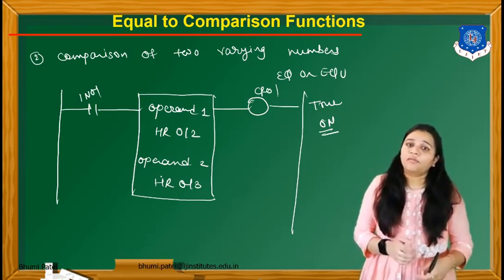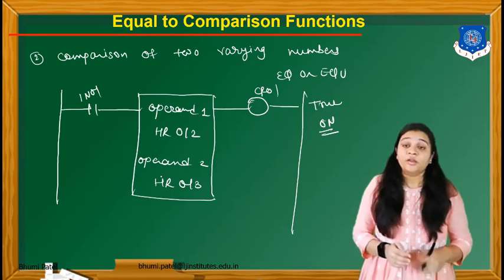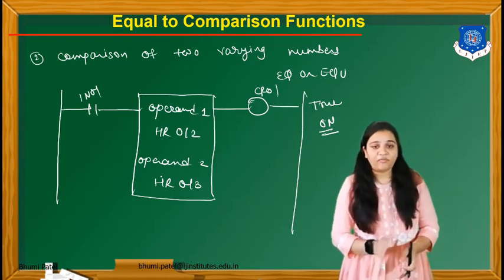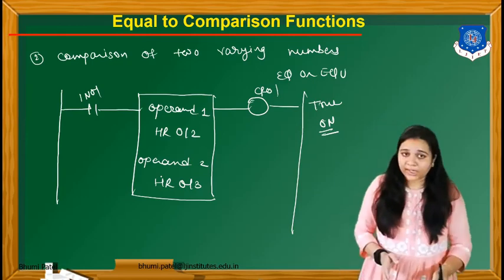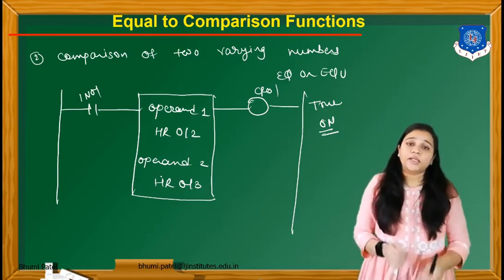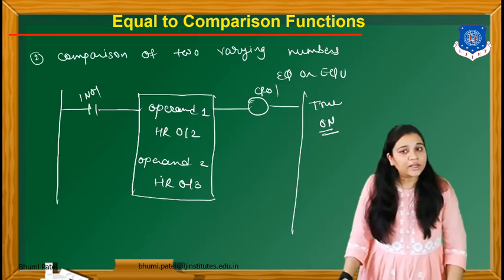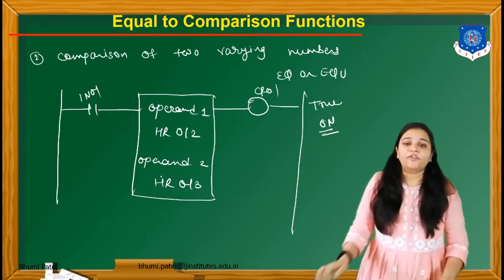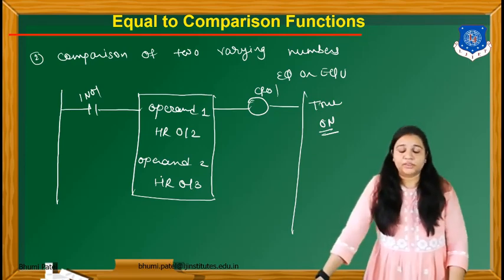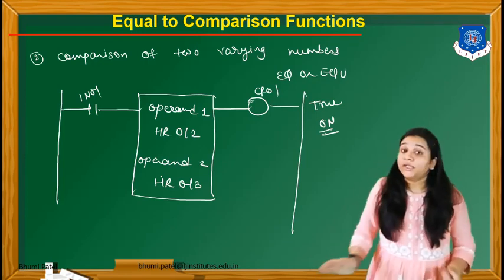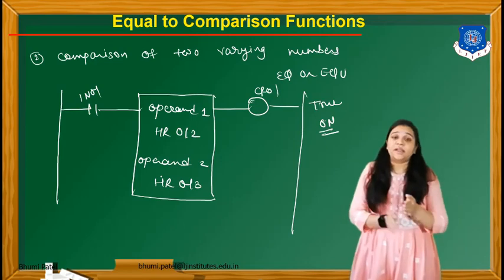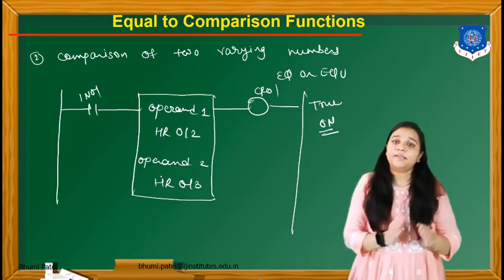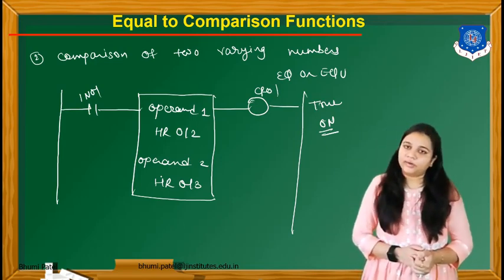Using the equal to comparison function, we can easily identify whether the two numbers given for this program or system are equal or different from each other. In the next session, we will study the not equal to function, then less than, greater than, less than or equal to, and greater than or equal to functions.